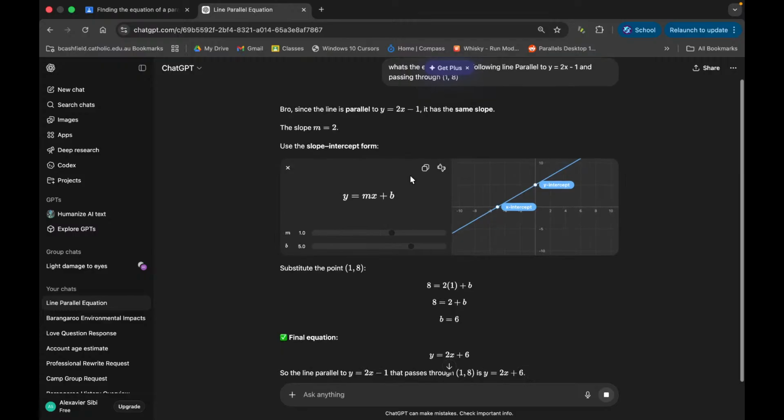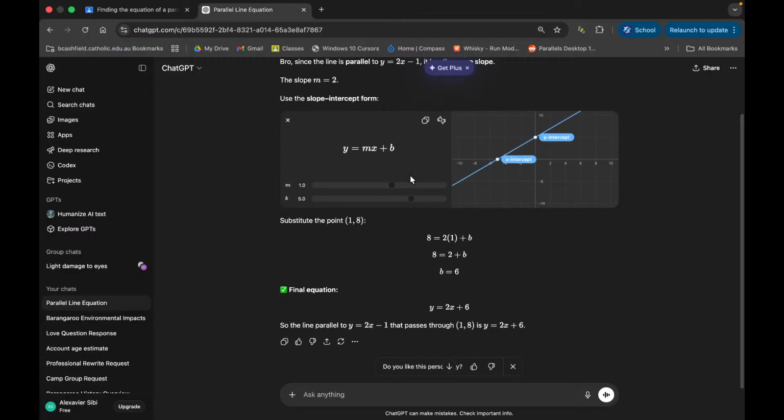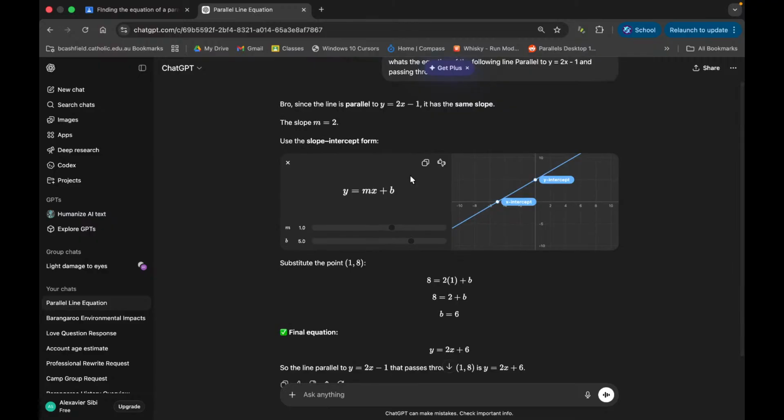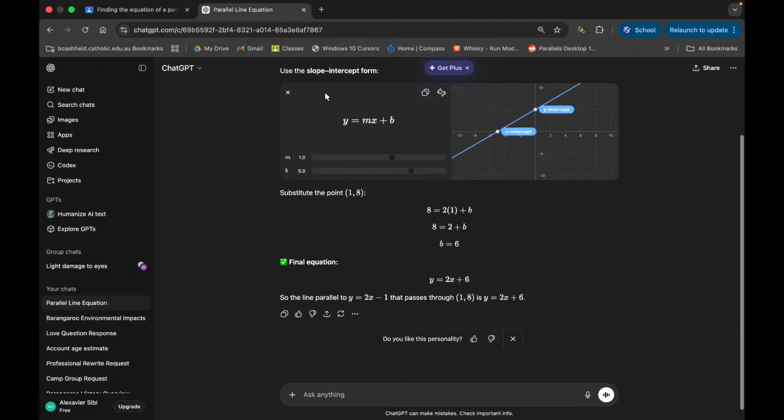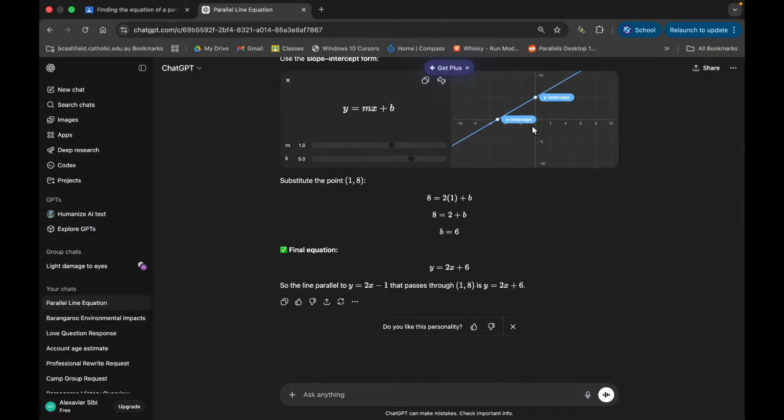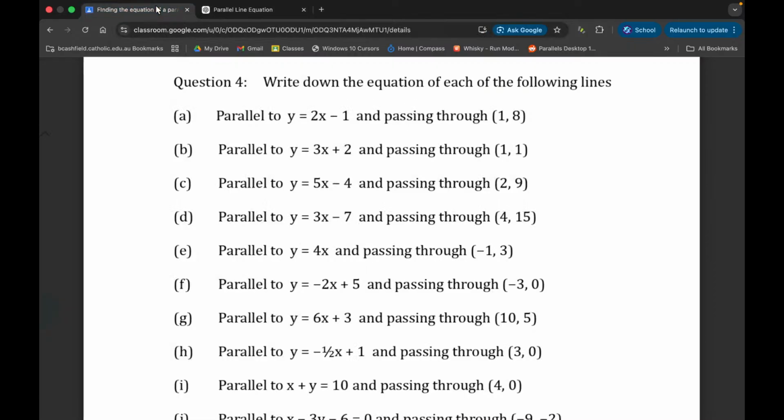Let's see what it becomes. What did I get? 2x plus 6. Yep. It says y equals 2x plus 6, so it is saying that I am correct. y equals mx plus b, we use c. Yeah, it's saying I'm correct on that. So let's try a different answer.